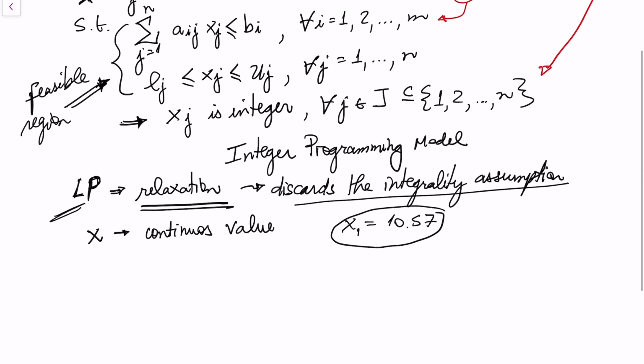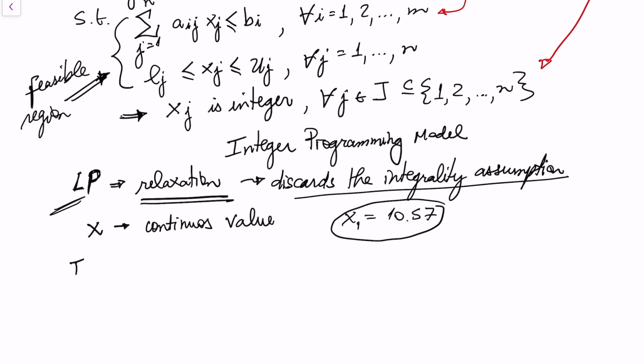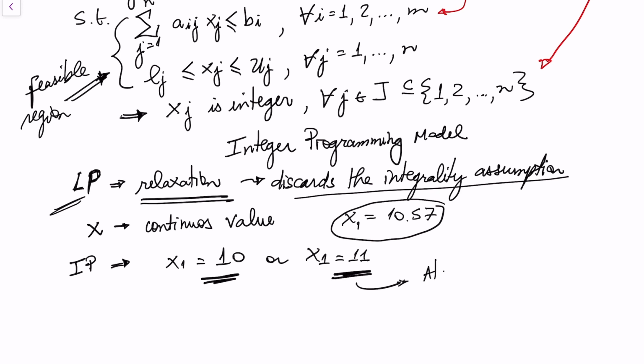On the other hand, if we are considering that this is an integer programming model, x1, the example that I'm giving, had to be either 10 or 11, to represent that integer number. But the process to get to 10 or 11 follows a specific algorithm that will help us to determine the values not only for x1, but for all the elements of my decision vector x.